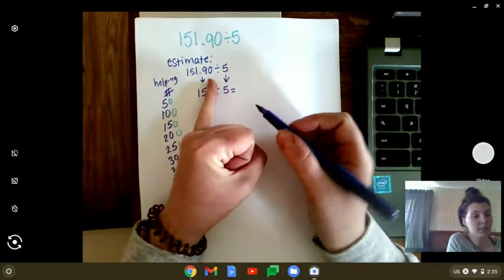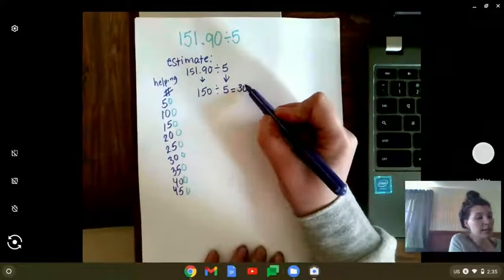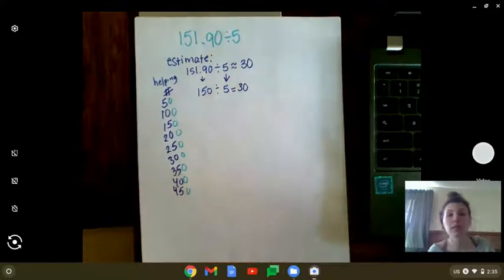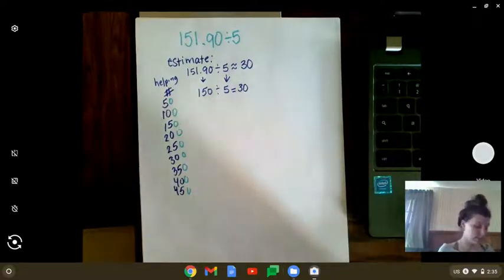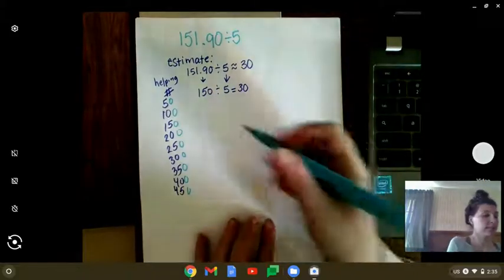Cover my 0, I get 15 divided by 5 is 3. Add my 0, and I get 30. That means my answer is going to be approximately 30, or my estimate is 30. So your answer is approximately 30.